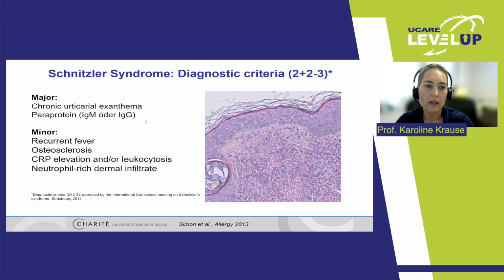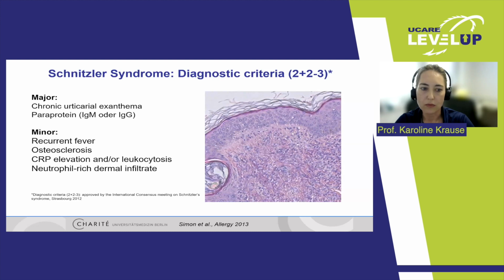Is this really Schnitzler syndrome, or the IgG clone, which is, as you probably all know, quite frequent in elderly people, can also be related to something else. Then we need to have at least 2 minor criteria if it's an IgM gammopathy: recurrent fever, osteosclerosis, CRP elevation and/or leukocytosis, and the neutrophil-rich dermal infiltrate, which can be seen again in this H&E staining with these dense neutrophilic infiltrates.